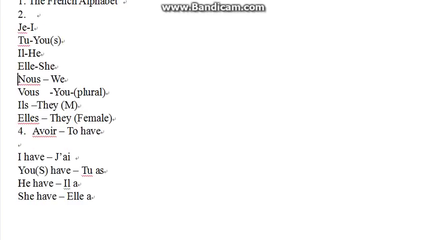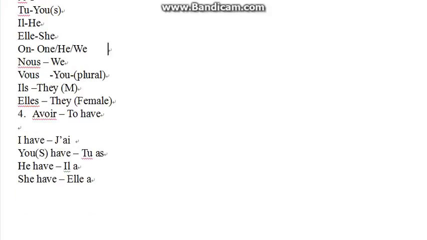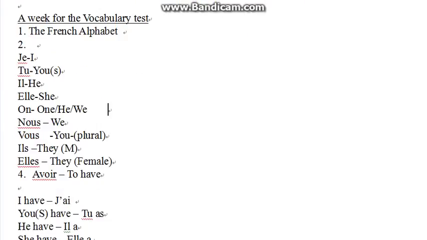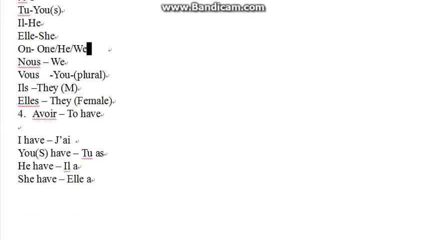Oh yeah, I forgot. On. It's pronounced on. It can mean one, he or we. So, considering we're using the verb avoir.